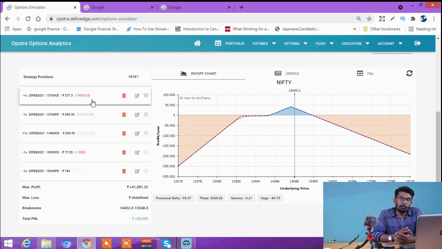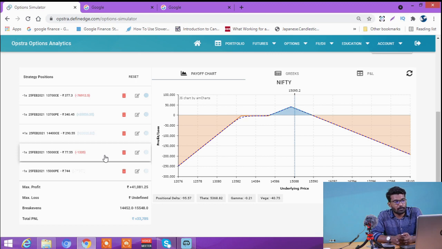But because we made an adjustment by buying a 14,400 call on 2nd of February, the original put and the call we bought give a combined profit of around 55,000, plus the additional 15,000 straddle which we sold is giving an excellent profit of 53,000. So the combined profit is 33,705.